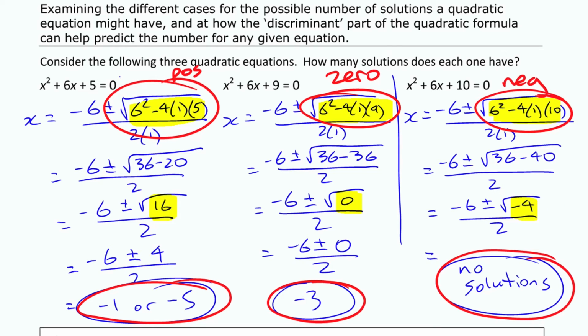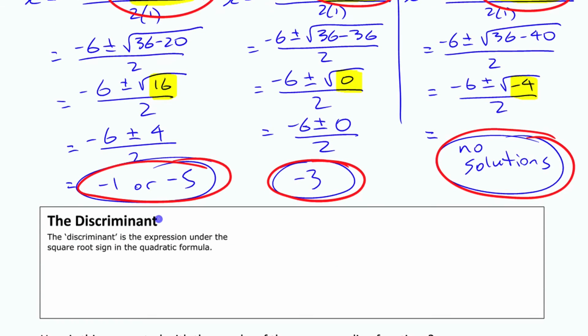So if we're going to summarize this, let's write this down below here. It's called the discriminant. It's the expression underneath that square root sign. It's b squared minus 4ac. I'm actually going to use a letter to represent that, D for discriminant, so I don't have to keep rewriting the whole expression.